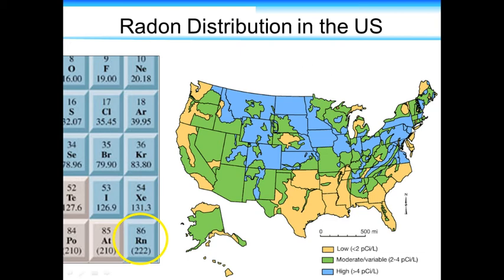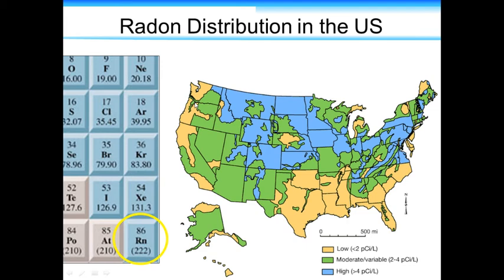This map shows the radon distribution in the US. So if you're in one of these blue or green regions, you need to make sure you monitor your radon, particularly if you have a basement. We live up here in Portland, and only more recently has it come to attention that, particularly in North Portland and Northeast Portland, there are high levels of radon found in homes.